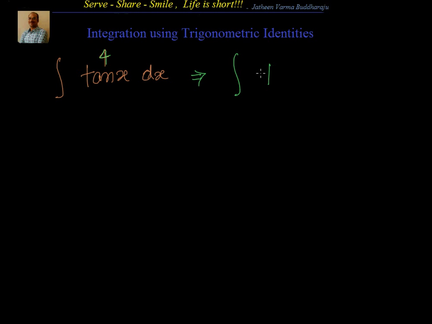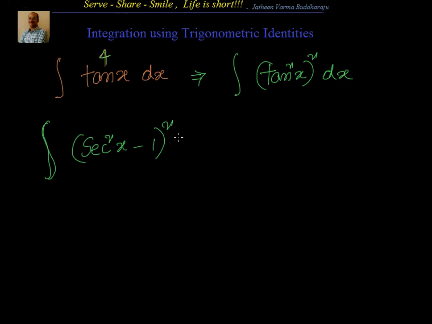Now we will write this as tan square x whole square dx. By doing that, I am trying to reduce the power of 4 to 2, because I can write tan square x as secant square x minus 1 whole square.